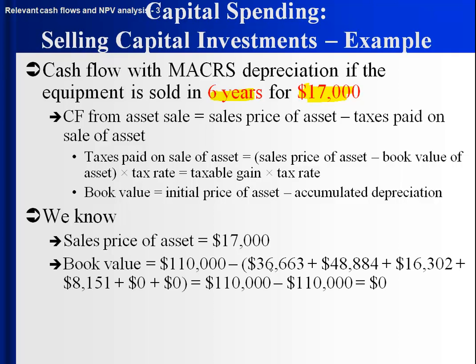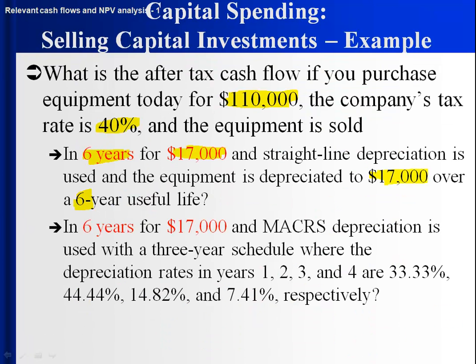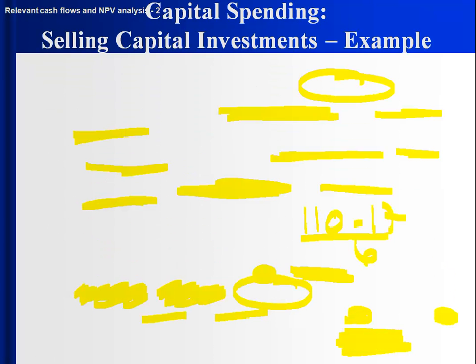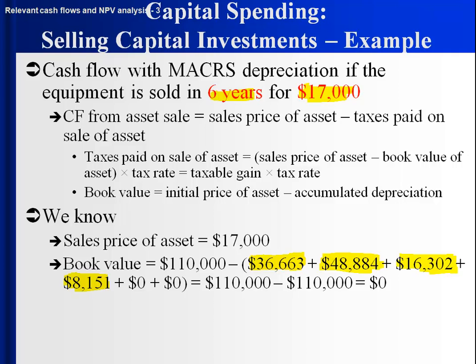So again, 110 times 0.3333, 110 times 0.4444, 110 times 0.1482, 110 times 0.0741. And again, just as a quick review, those are the standard rates, and they're given in the problem. Zero in year 5, 0 in year 6.